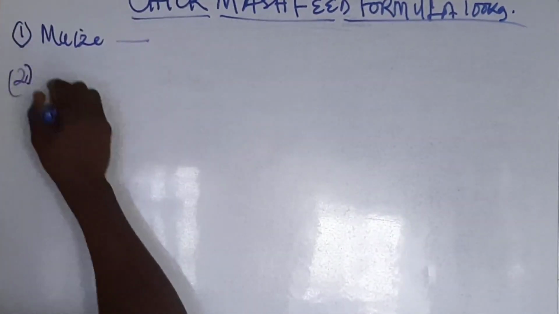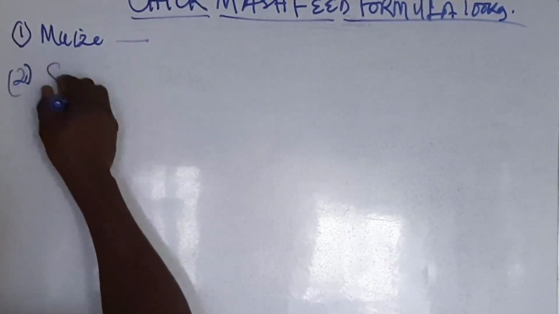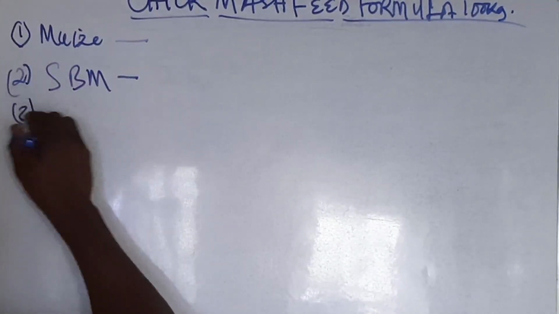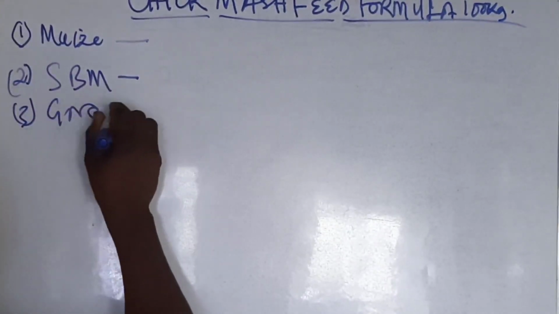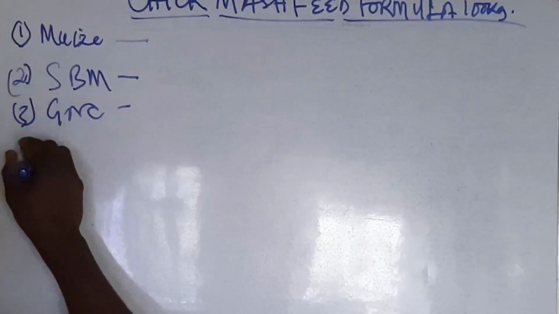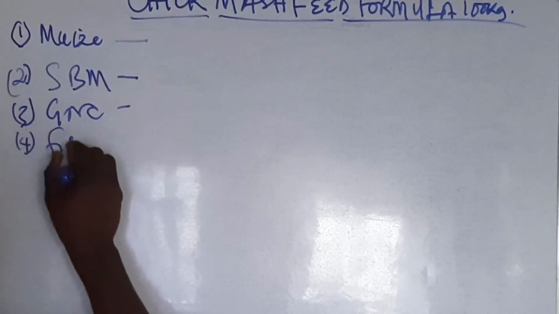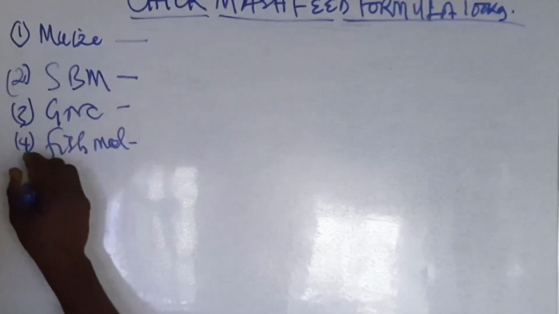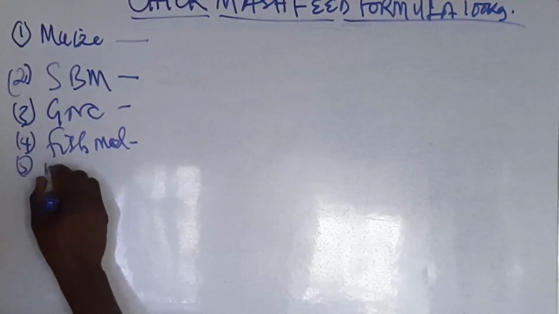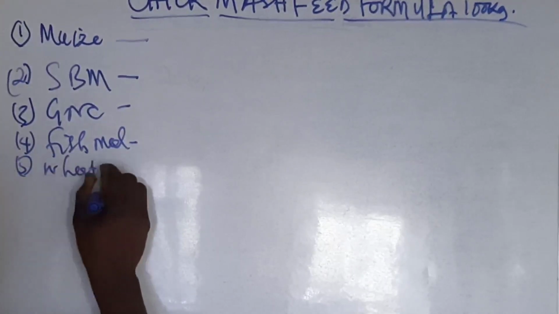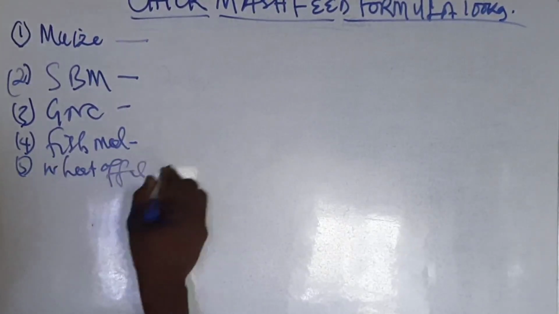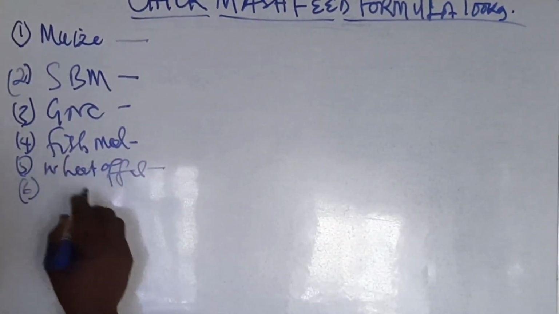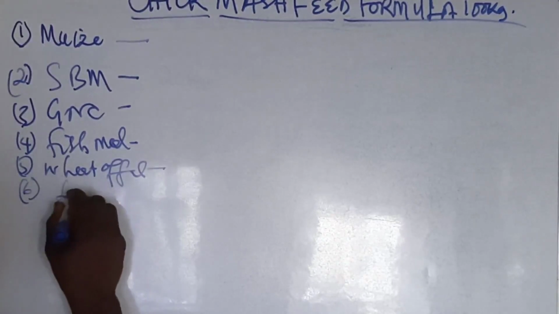Number 2, we start with soybean meal, SBM. 3, GNC. 4, fish meal. 5, wheat offal. 6, our 6 here is limestone.